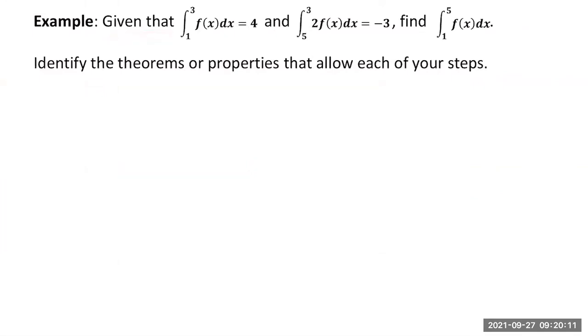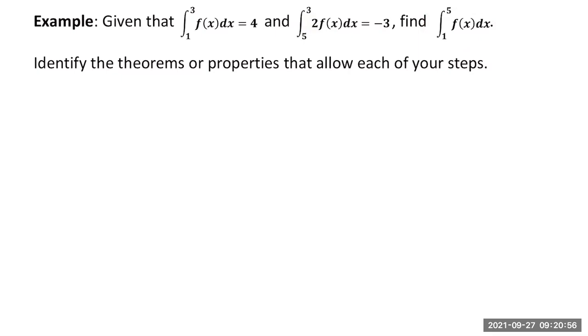Given that the definite integral of f of x from 1 to 3 is 4, and the definite integral of 2 times f of x from 5 to 3 is equal to -3, we are asked to find the definite integral of f of x from 1 to 5.